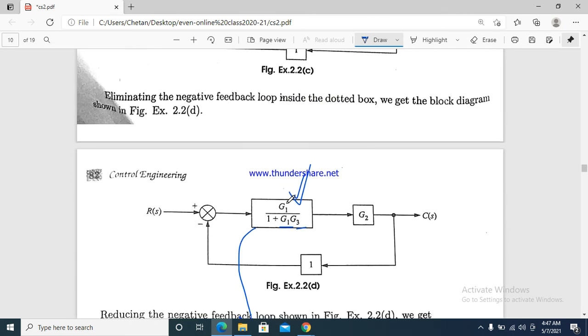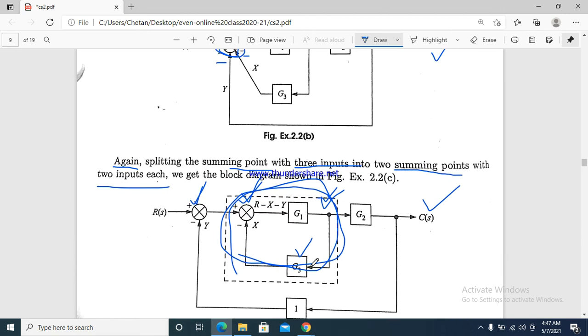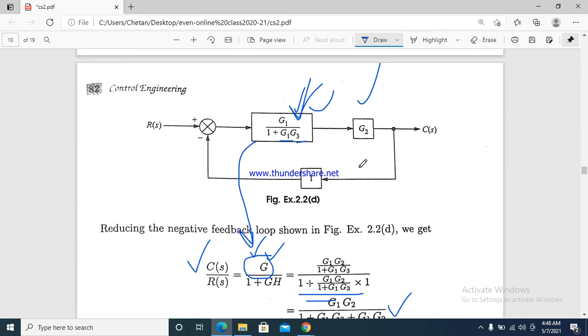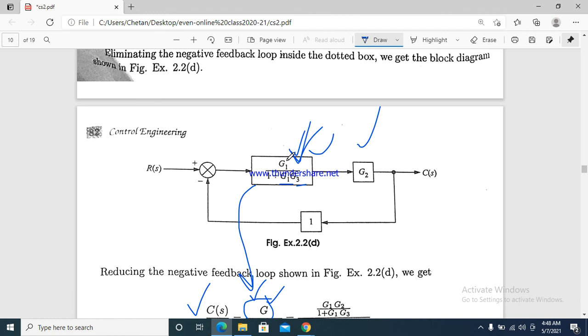Substitute that and simplify in this one. G of s means G1 divided by 1 plus G of s into H of s. G of s is G1, H of s is G3. Here you can observe H of s is what value? G3 value. You will get this one. Next, what you do? You multiply this one with this. You will get G1 G2 divided by 1 plus G1 G3.